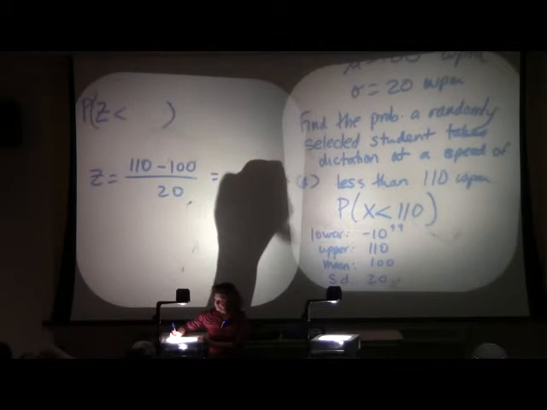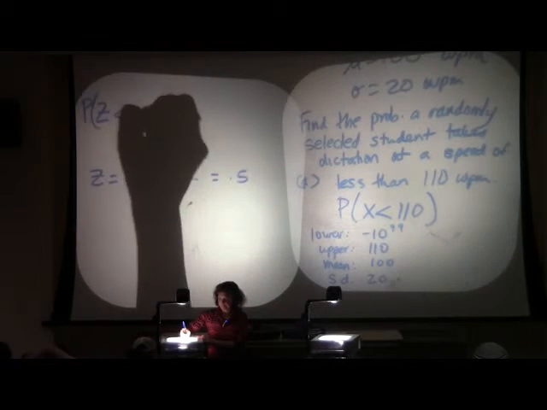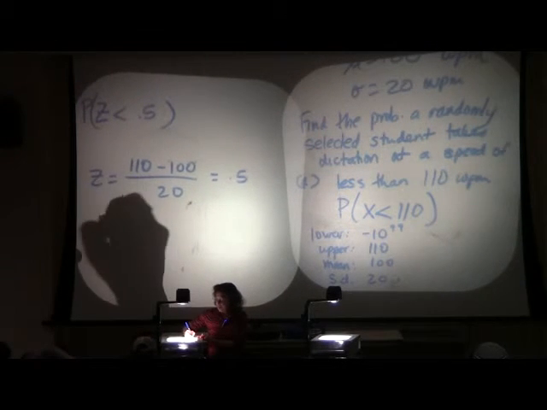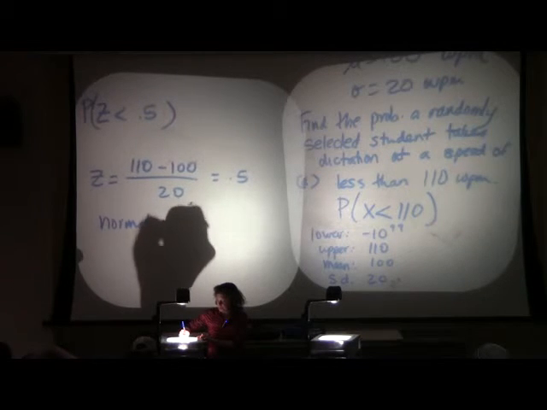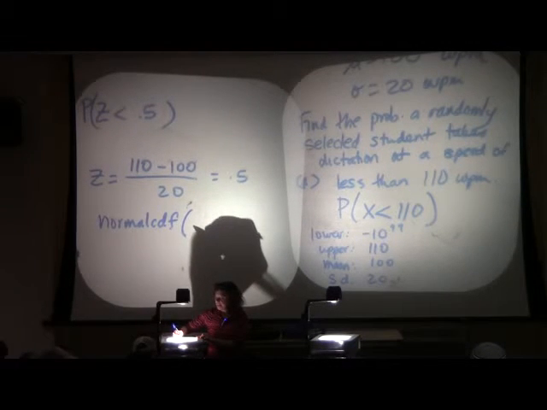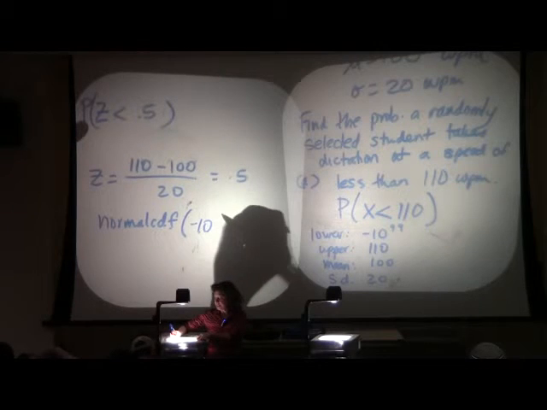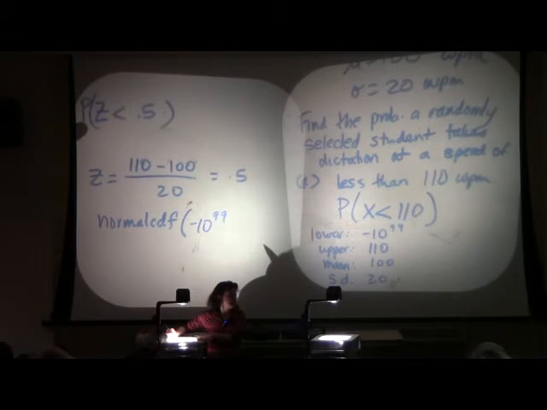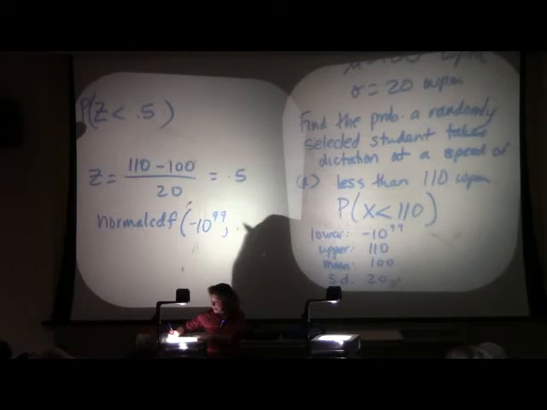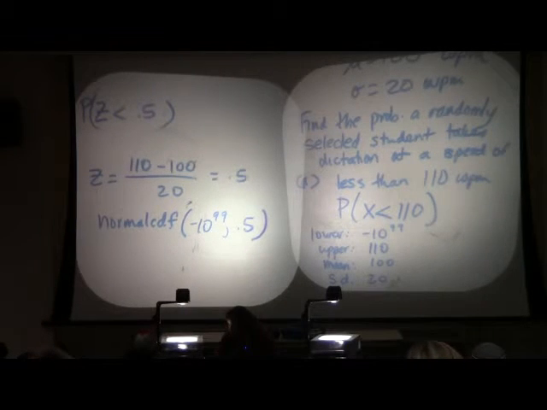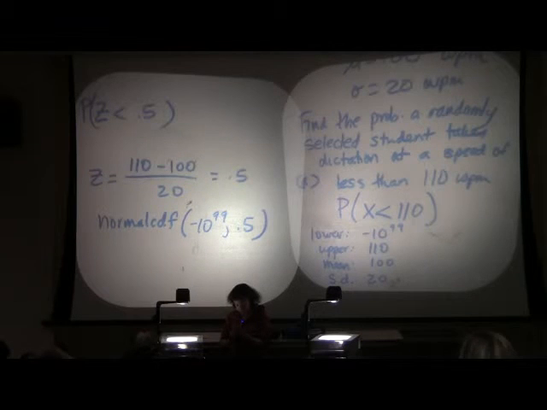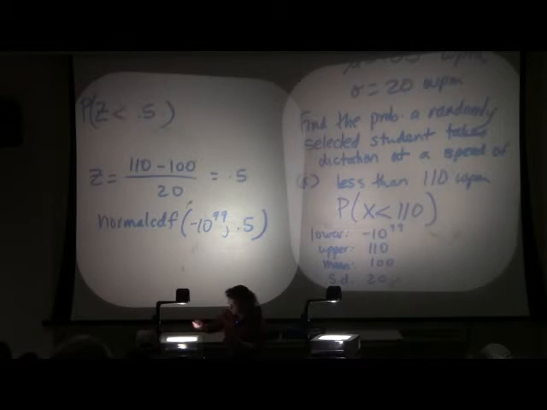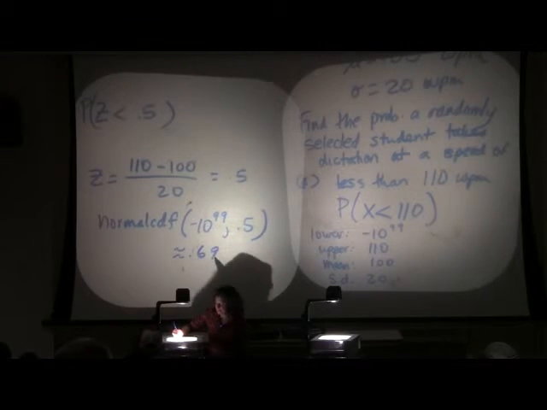What do you get? 0.5. So now what we put in is normal CDF. Again, to show that it's less than, we too have to deal with that negative 10 to the 99. And then we put in 0.5. You with me here? Yeah? So negative 10 to the 99th, comma, 0.5, and we're going to get about 0.69.